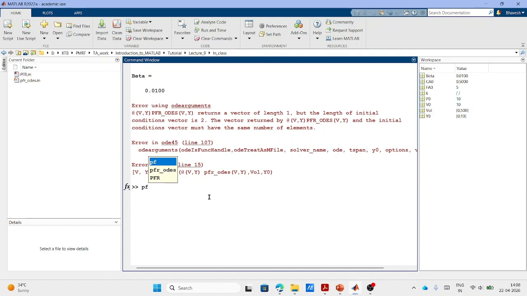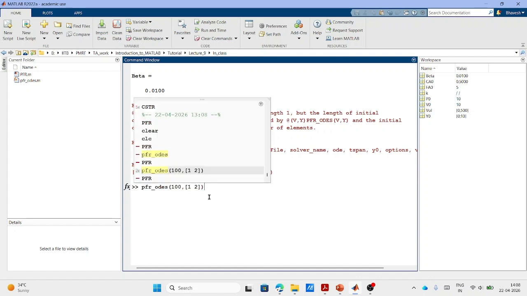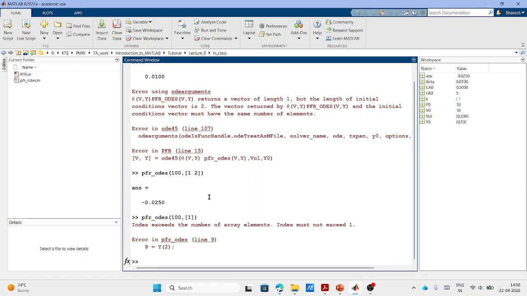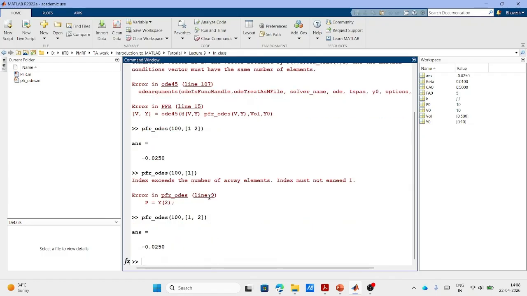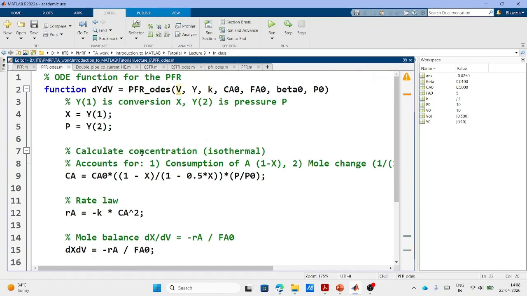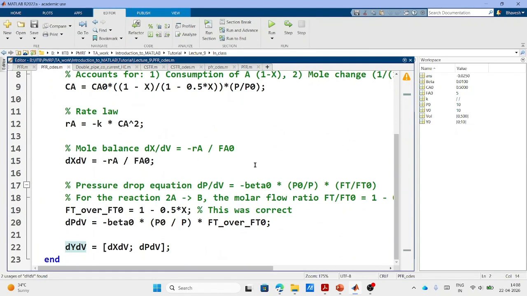Why? If I just write it this way, it will throw an error. Okay. Function dy by dv.